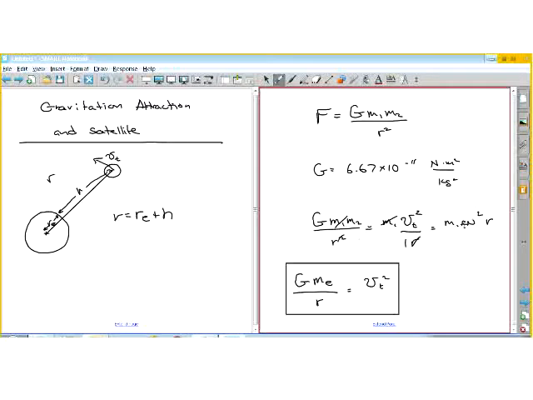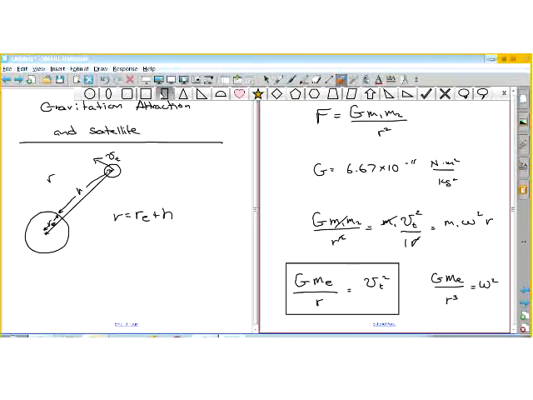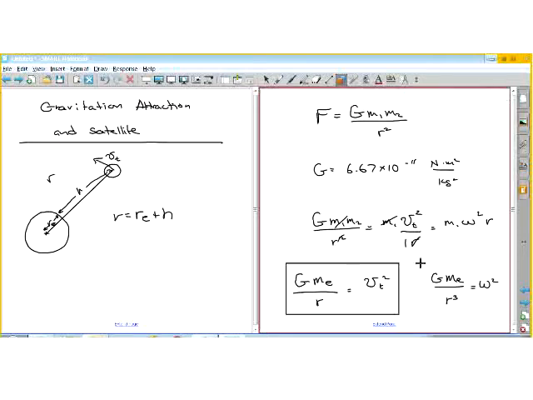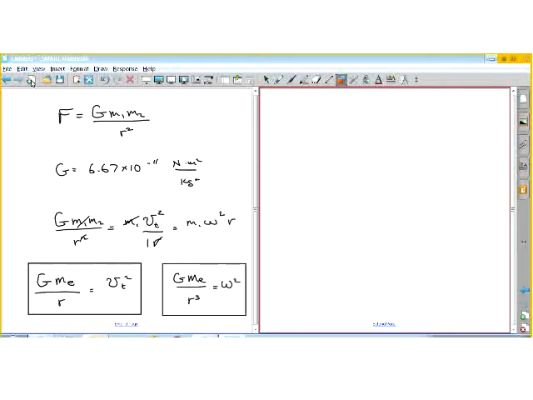You can also take the other one and come up with a similar type of result. Notice you're going to have r cubed, because you don't have r in the denominator. So in that case you have G times M sub E divided by r cubed equals omega squared. So that's another version you can use. It's the same basic idea.